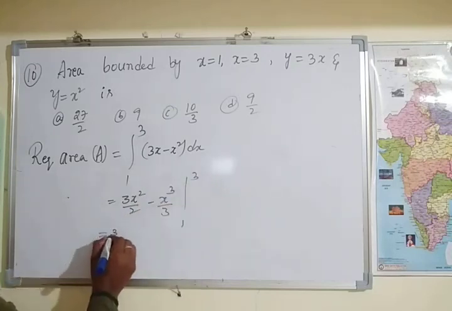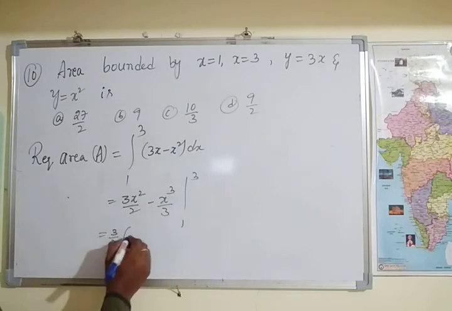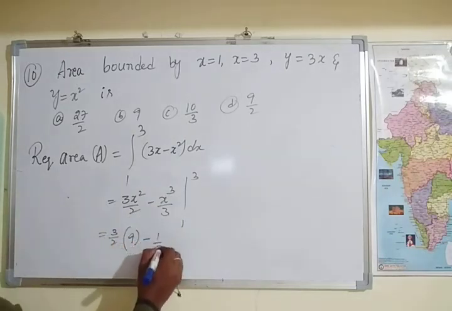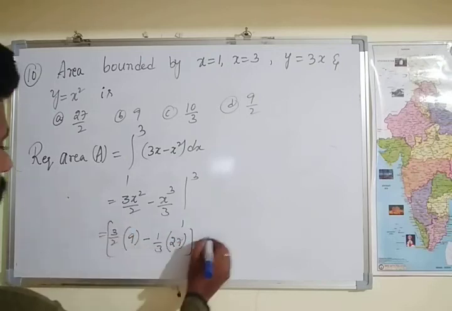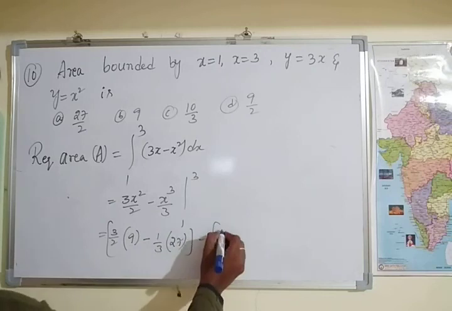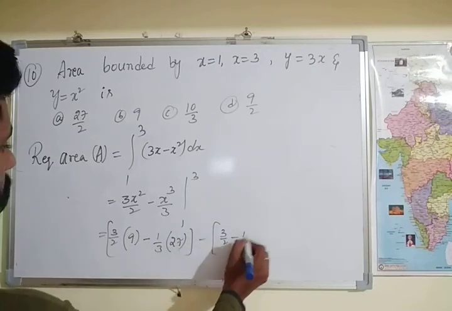Next, 3 by 2 into the upper limit 3 square, which is 9, minus 1 by 3 into 3 cube, 27, close bracket, minus the lower limit value at x is 1, 3 by 2 minus 1 by 3.